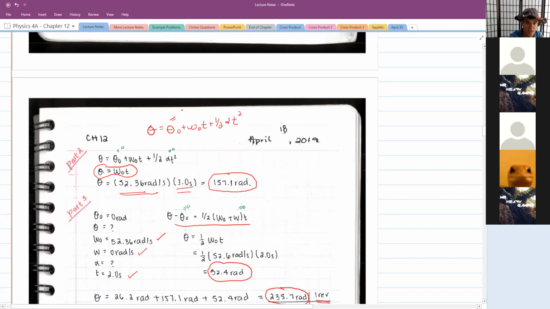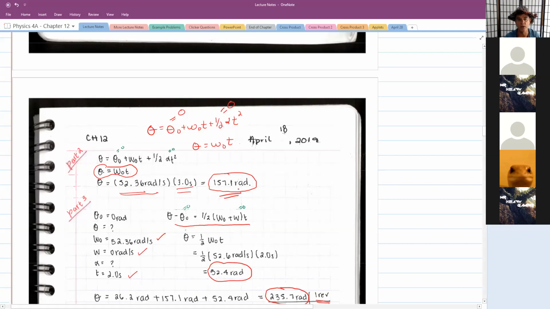And again, I'm just going to let theta naught be 0, and then just add all of my radians together at the end. It's got no angular acceleration. So I just end up with theta equals omega naught times t. So 52.36 times 3 seconds, 157.1. So yeah, this answer is right.